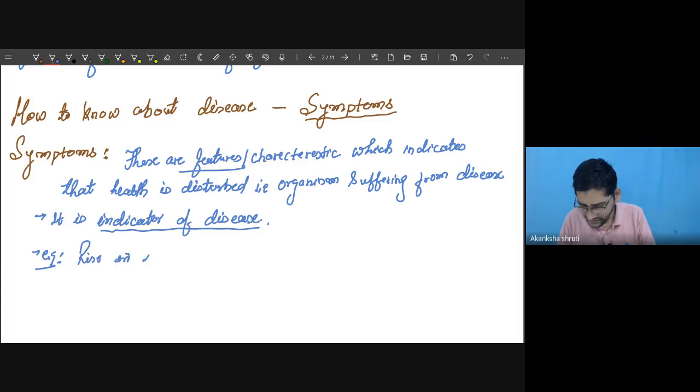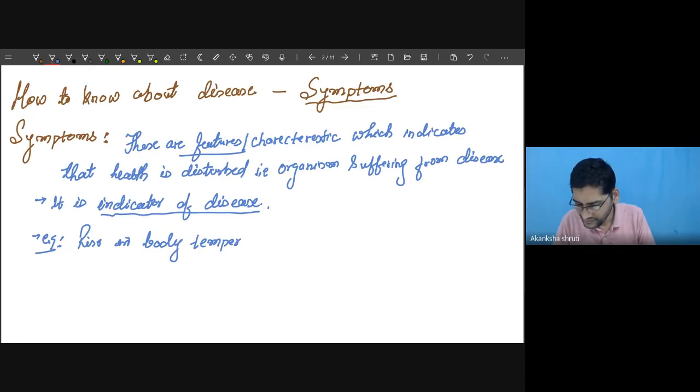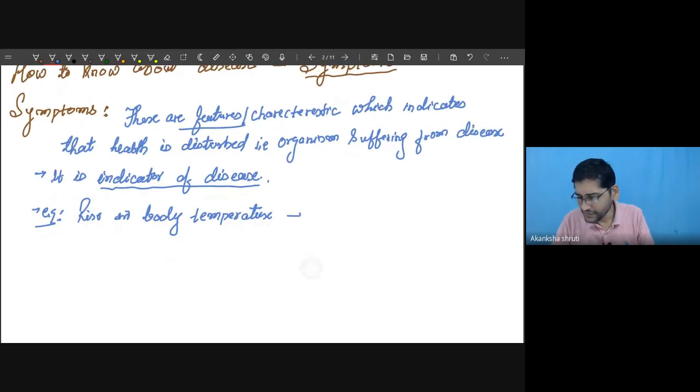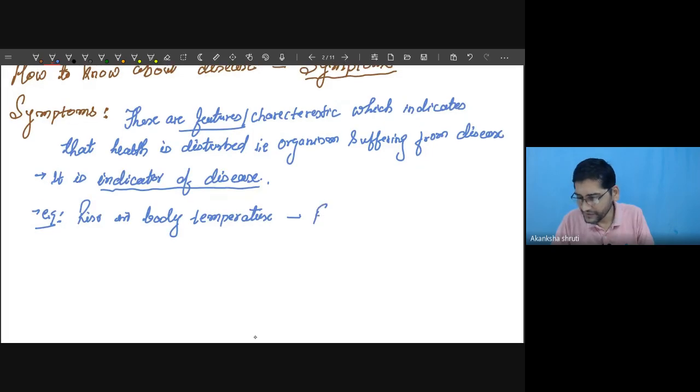Rise in body temperature indicates what? The person is having fever. Now, students, this fever could be under various conditions. It may be because of the common cold, malaria, or kalazar. So fever is the common symptom for many kinds of disease.